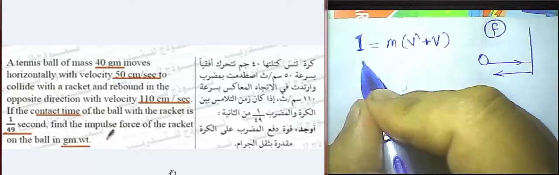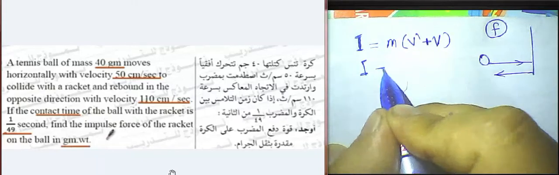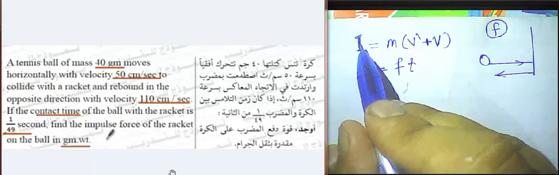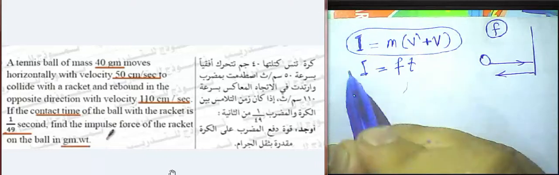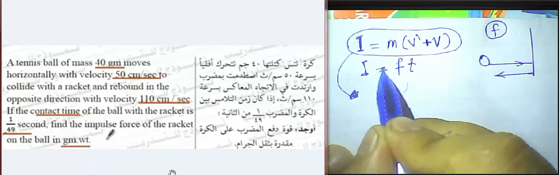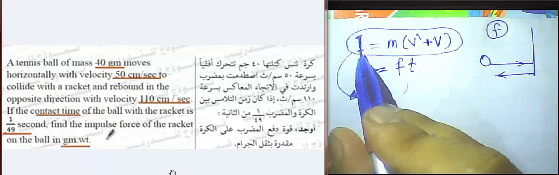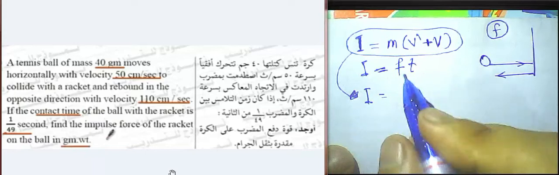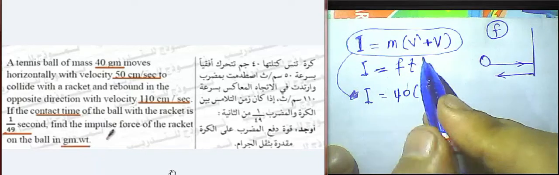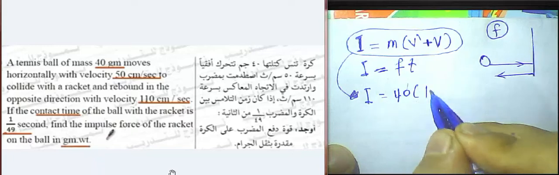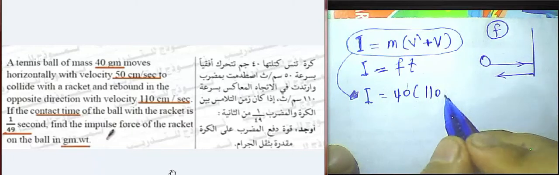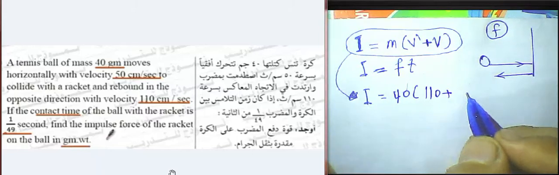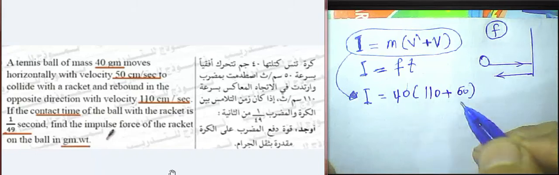Who can find the relation? We know impulse equals F multiplied by t, so we must find the impulse first from this equation, to find the force. Then we can write I equal the mass 40 gram multiply v dash, 110 centimeter per second, and velocity naught was 50 centimeter per second.